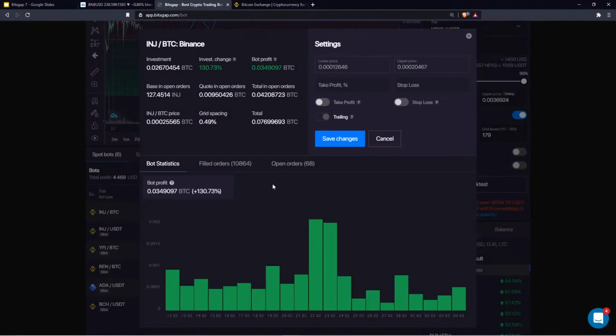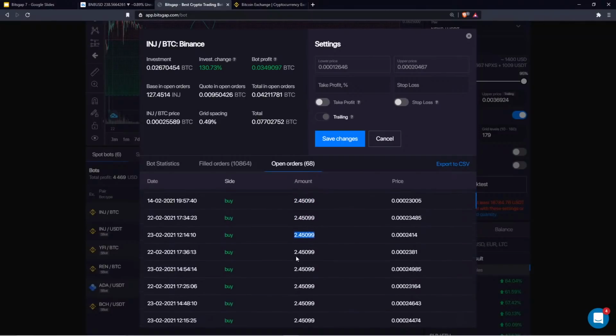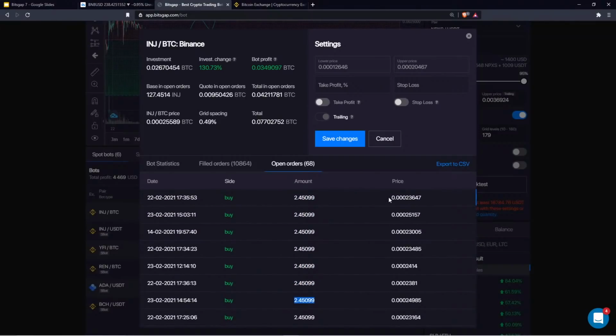Whereas in case of the classic bot, you will find that it always sells and buys absolutely the same amount of the base currency, regardless of the price. So if you multiply the amount by the price, you will find out that the investment per each grid level in the classic bot is different.